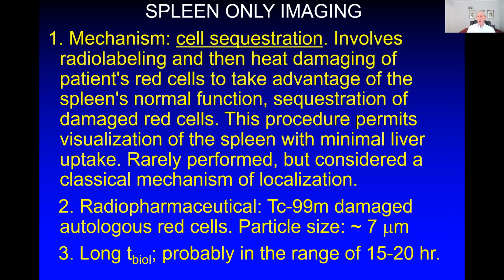It does that for damaged cells, whether they're radioactive or not. So that's the mechanism, cell sequestration. And you'll probably want to note the biological half-life of red cells, which is what is used, would normally be 15 to 20 hours, but the biological half-life of damaged red cells would be considerably shorter than that.